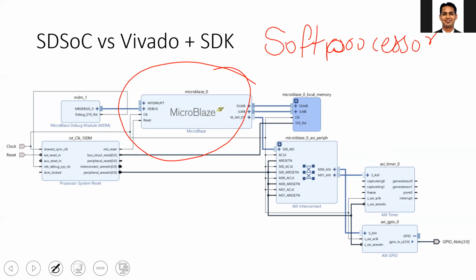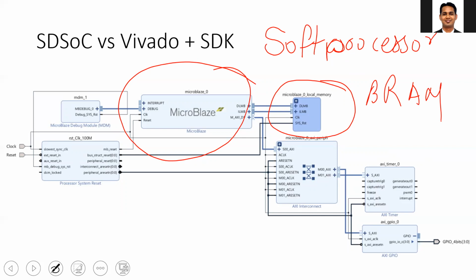So for the microblaze, you don't need an off-chip memory. You can use the local memory, which can be a block RAM for the instruction and data. That means once you design this microblaze processor, you can simulate it without the need of accessing the board, like you do the test bench verification in the Vivado. In the same way, you can do the verification for this microblaze processor.